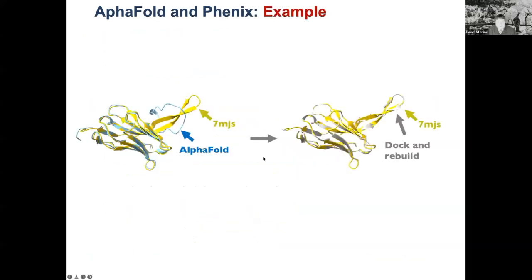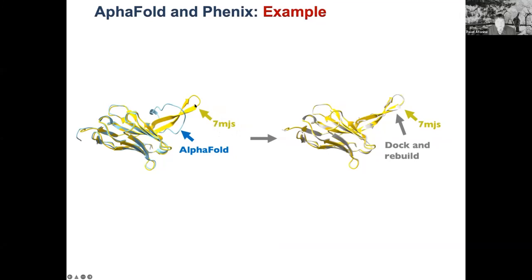Now, just a quick example. This is done by Tom Terwilliger. It shows how well AlphaFold can perform, and also where it doesn't perform all that well, and the importance of this rebuilding stage. This is an example of the 7M.js structure.